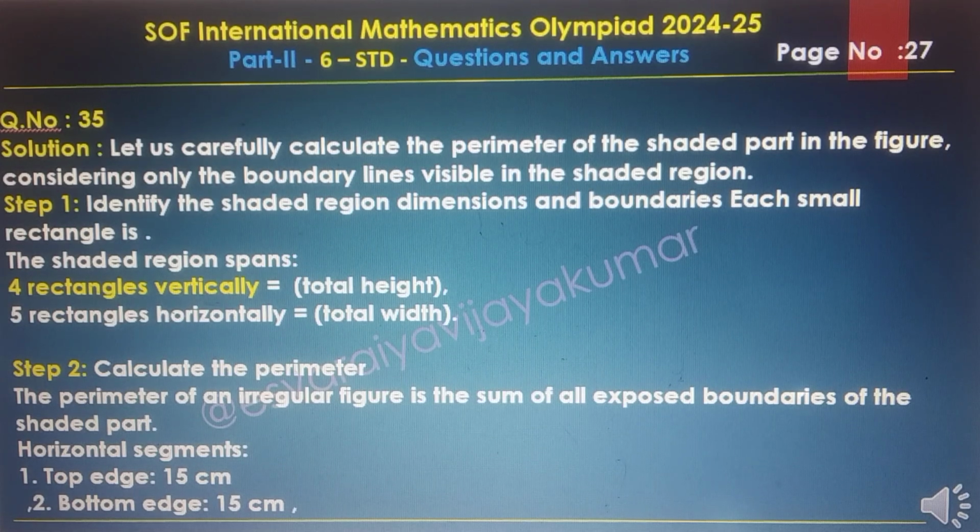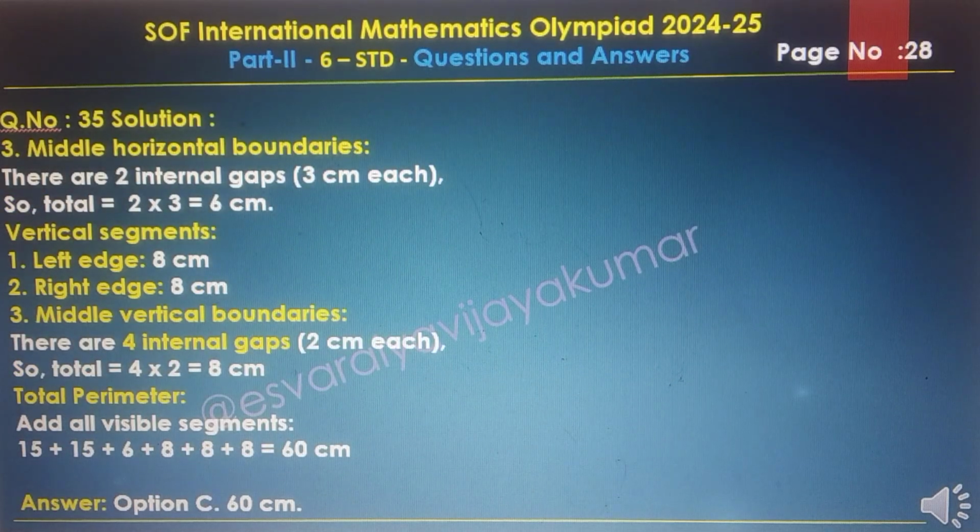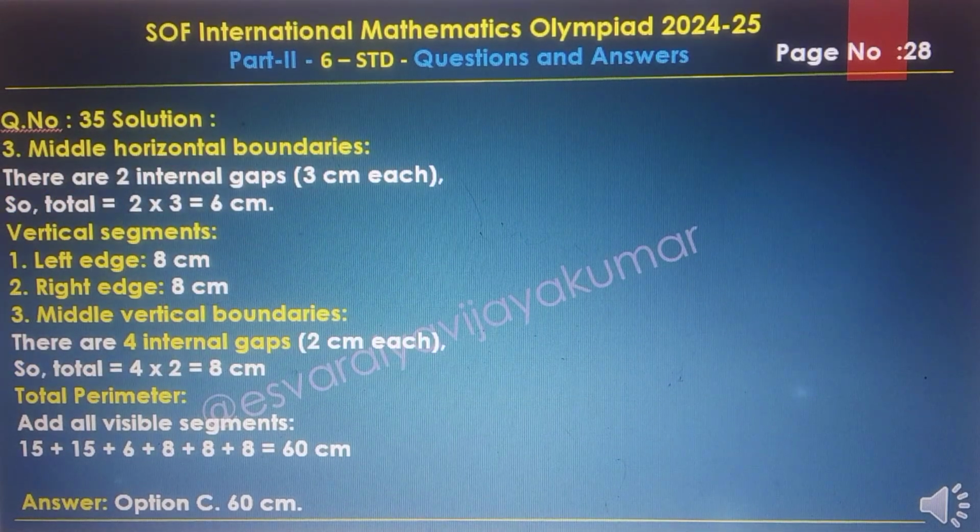Step 2. Calculate the perimeter of the irregular figure as the sum of all exposed boundaries of the shaded part. The horizontal segments: top edge 15 cm, bottom edge 15 centimeters. The middle horizontal boundaries are two internal gaps of 3 cm each, which means 2 into 3 equals 6 cm. Vertical segments: left edge 8 cm, right edge 8 cm, and middle 8 cm.